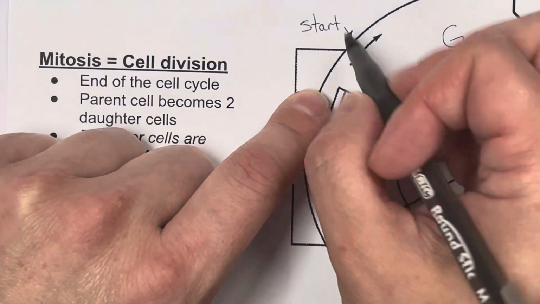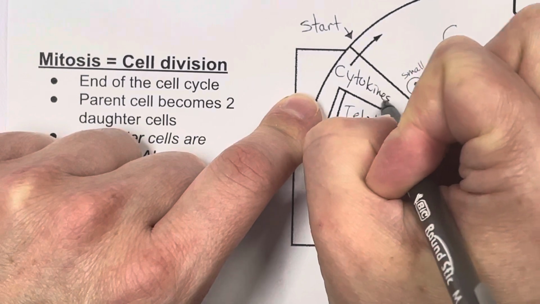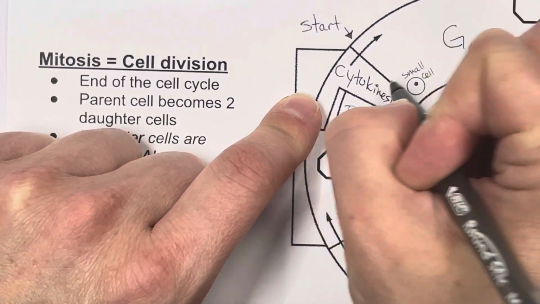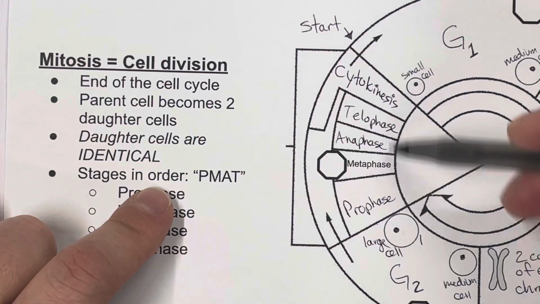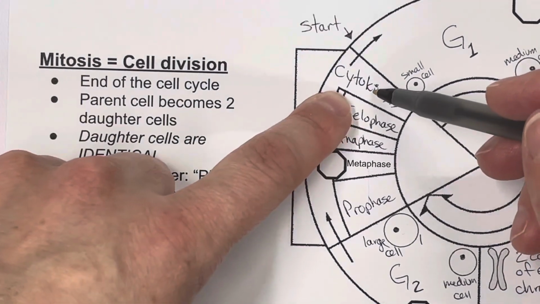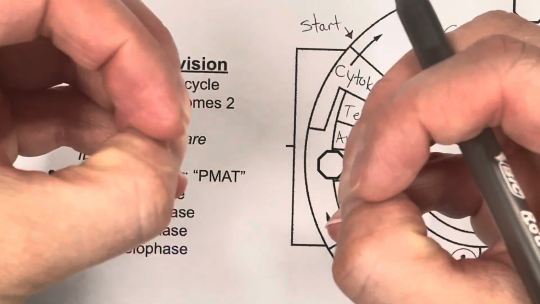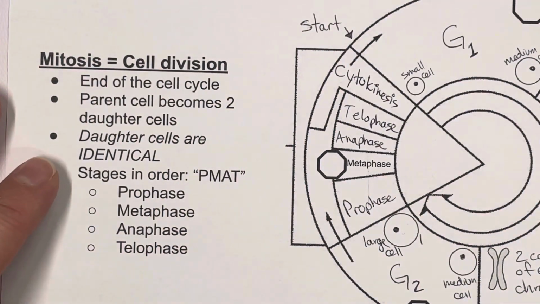After mitosis, we have cytokinesis, which is the final dividing of the cytoplasm. Mitosis is dividing the nucleus, the DNA, whereas cytokinesis is dividing up the organelles and dividing the cell literally into 2, cutting off the cytoplasm.